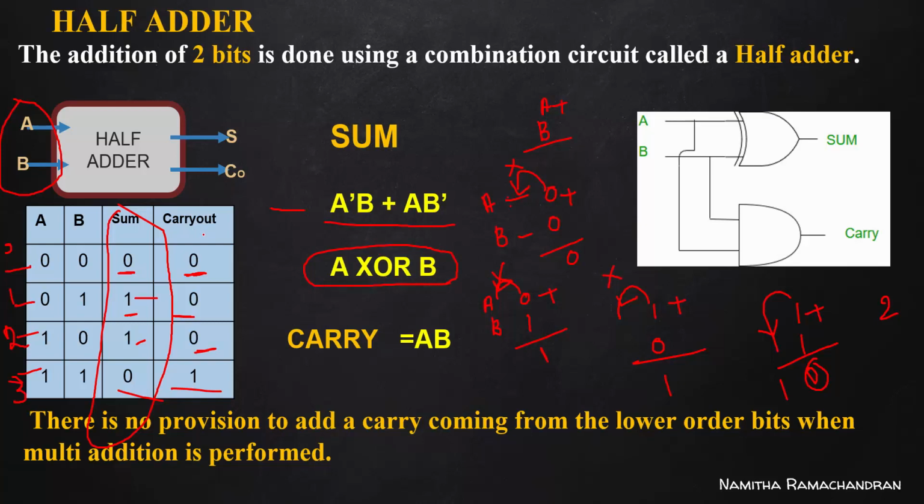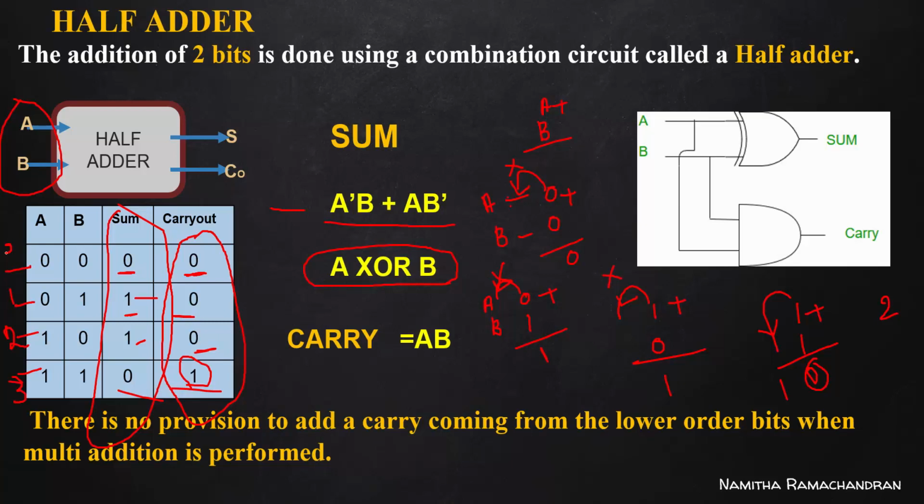Okay, and what about the carry? What is the Boolean expression corresponding to this carry out? Only in this particular row does the carry out become 1. This carry out equal to 1 comes for which input pattern? It is A equal to 1 and B equal to 1.